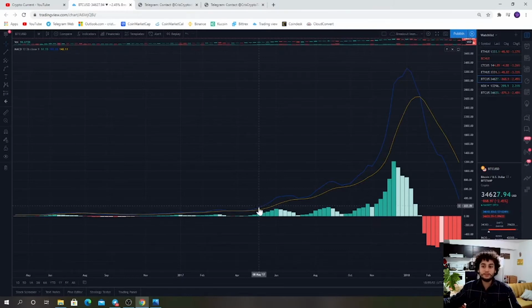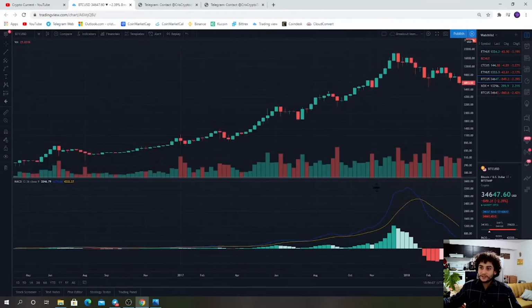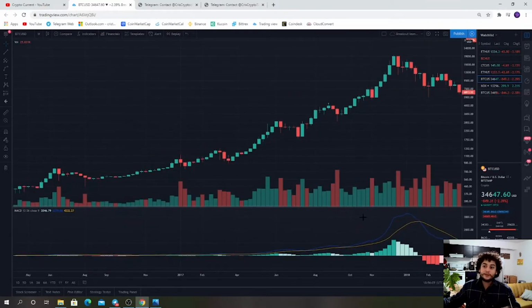That would be a good signal to be in the market. And when the blue line crosses below the orange line, that would be a big sell signal. And if we go ahead and look at the chart and kind of compare the two, we can see that this could be a pretty good way of gauging when to buy and sell during markets.